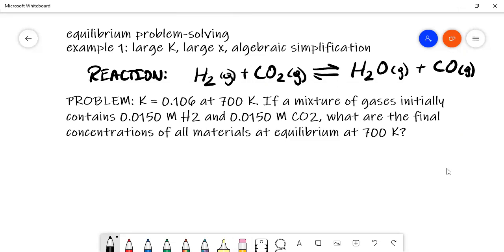If I'm going to move forward with this, I need an expression for K. Well, I write down an expression for an equilibrium constant. What do I need to write? Any reaction quotient that I ever write is written as what over what?